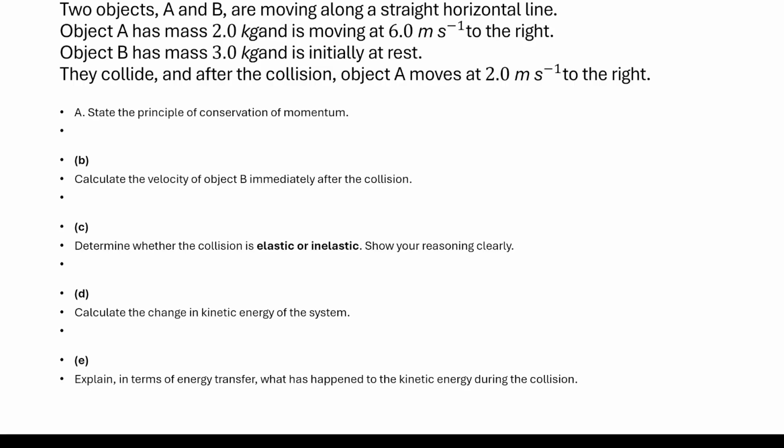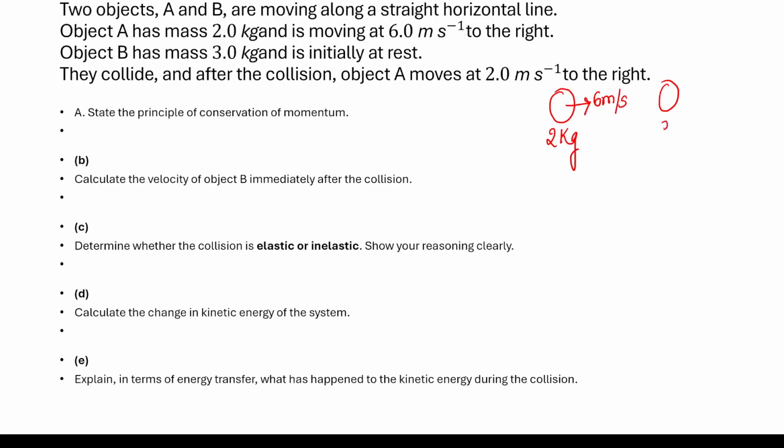Two objects A and B are moving along a straight line. So we have two objects. Always make your diagrams, rough diagrams, okay? Object A has 2 kg mass and 6 meters per second to the right.